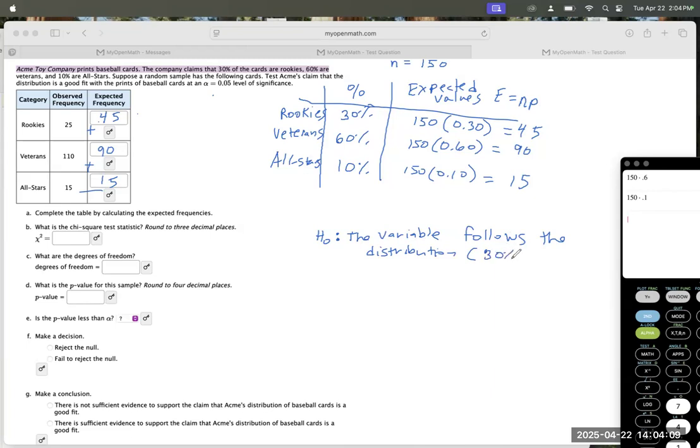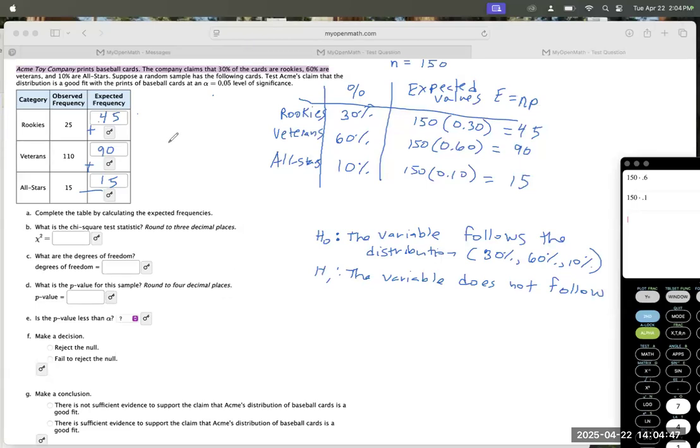I'm not going to write all of it out. And the alternative hypothesis would be that it does not follow. If those differences are large, we will be able to say that it does not follow that distribution.